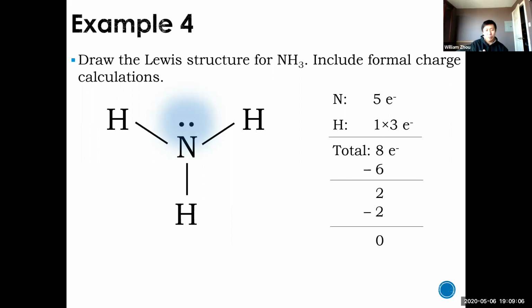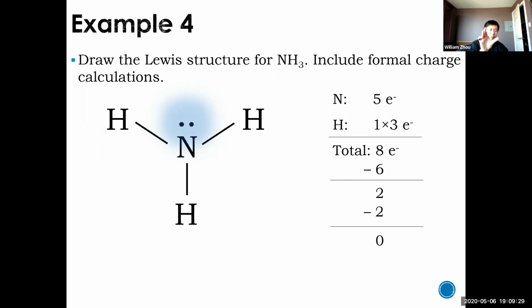Like I said before, electrons are all negative, right? They all want to be as far apart from each other as they possibly can be. And right now, you've added 2 electrons to the nitrogen, and just because those 2 electrons are not in a bond doesn't mean they don't have a negative charge. They still have a negative charge, and they will repel the 2 bonds I just drew.